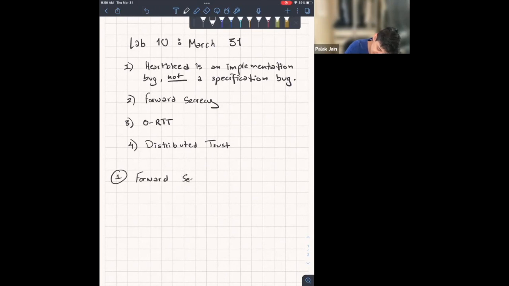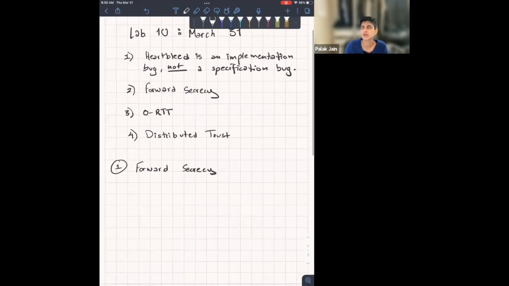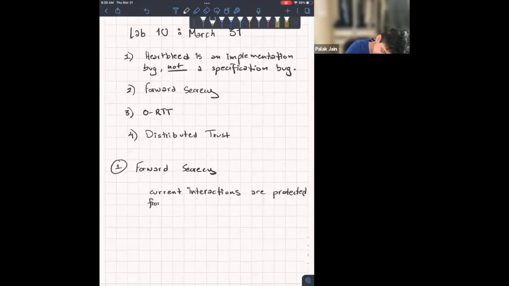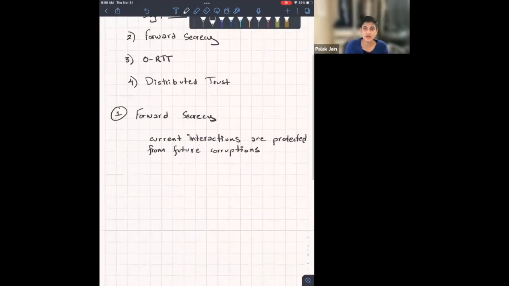Forward secrecy is when your current interactions are protected from future corruptions. What does this mean though?